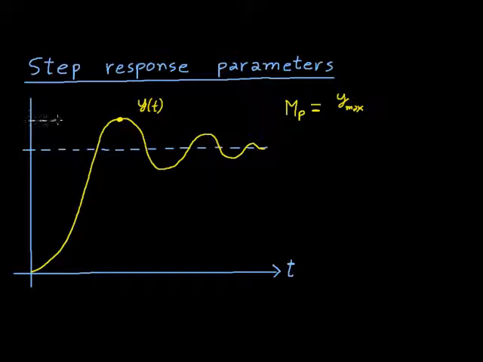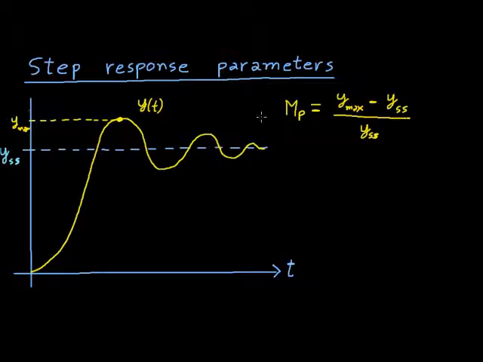This would be y max minus the value of the output in the steady state, which is this y_ss, the final value of the output, over the value of the steady state itself.